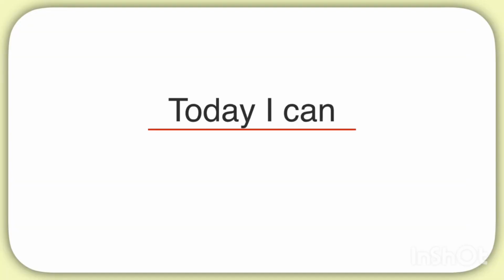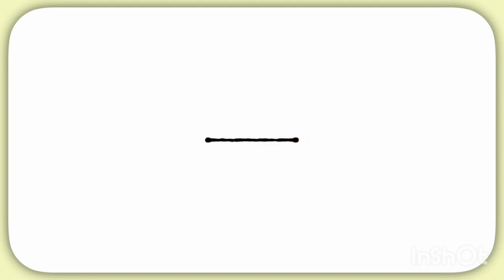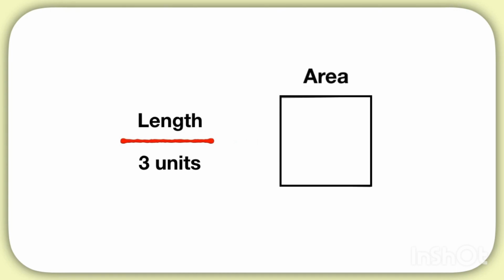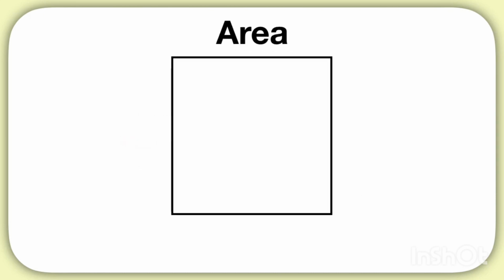Today we are learning how to measure area. When I measure something, like this piece of string, I might measure its length. I could measure that it has a length of 3 units. But what about something like this square? When I'm measuring the size of something like a square, I do it by using area. How do I do that? If we take a look at this square, we could think about covering it with smaller squares of a set size.